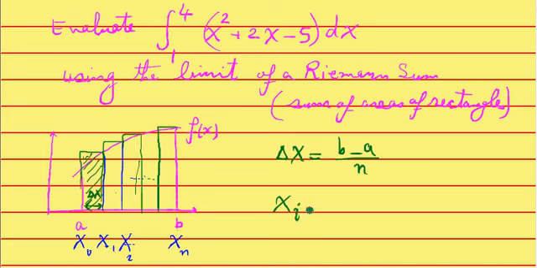X number i starts at the very left endpoint a, and then it takes i steps of this step size, i times delta x. Who's i? I could be any number starting from 0 all the way to n.